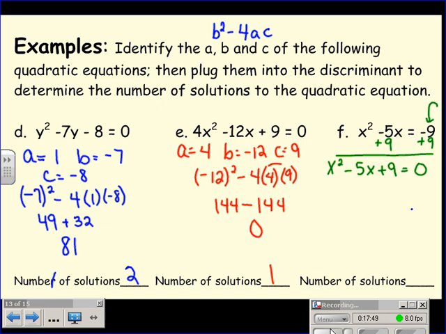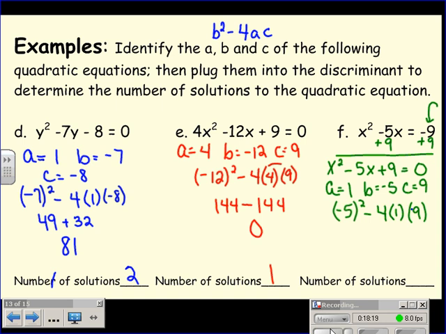So again, if you do not have all your numbers left of the equal sign, you're going to go ahead and move that over. So my a will be 1, my b is still negative 5, and now my c is a positive 9. I plug that into the equation and I have negative 5 squared minus 4 times a, which is 1, and c, which is 9.